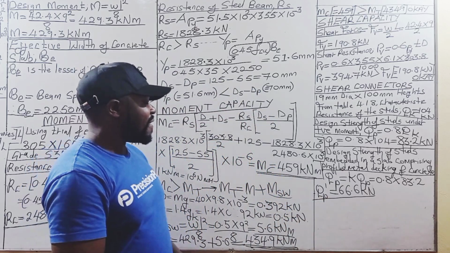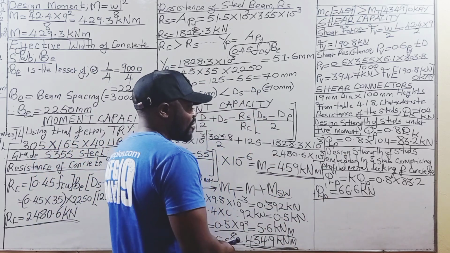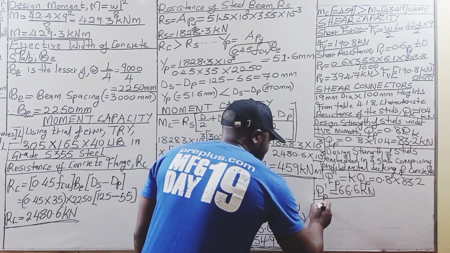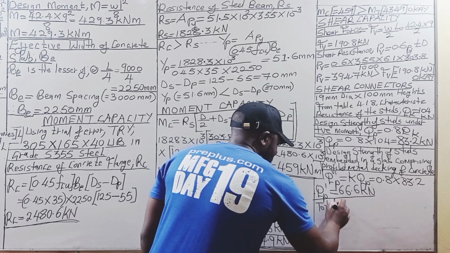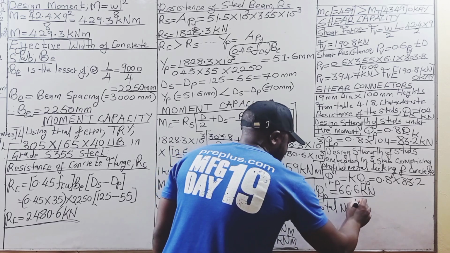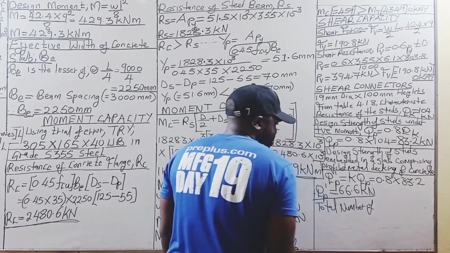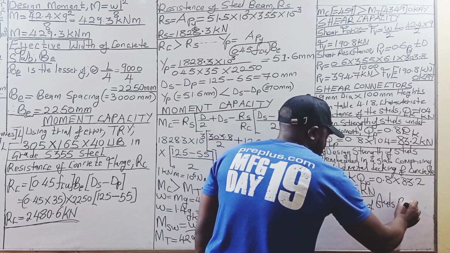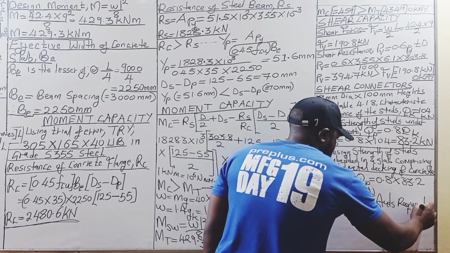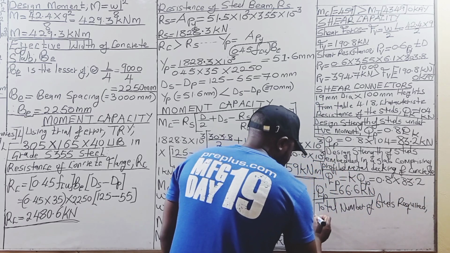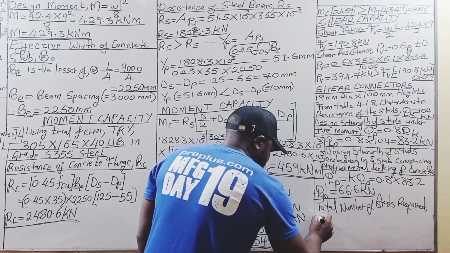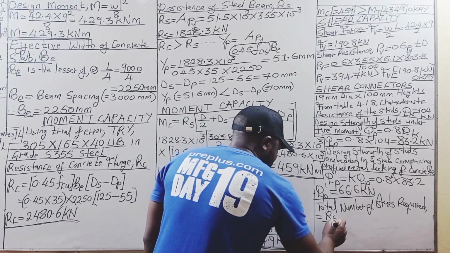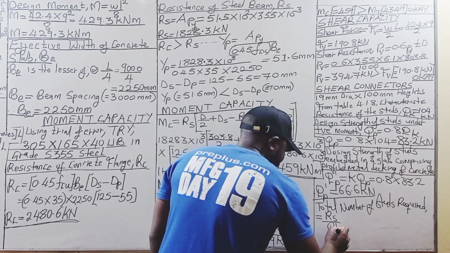After determining the design strength of the studs, we are now going to determine the total number of studs required. And the total number of studs required will be given by RS divided by QP prime.